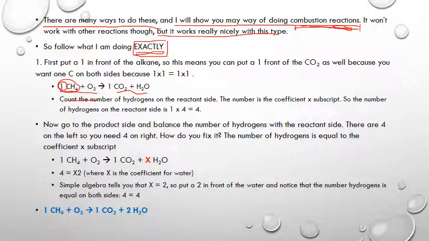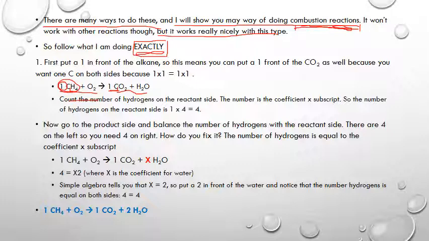And then what we notice is that we want to have 1 carbon over here. So what we do is put a 1 in front of it. Now I have 1 carbon on both sides. So what this means is this coefficient is 1, and then the subscript is also 1. So 1 times 1 has to equal 1 times 1.